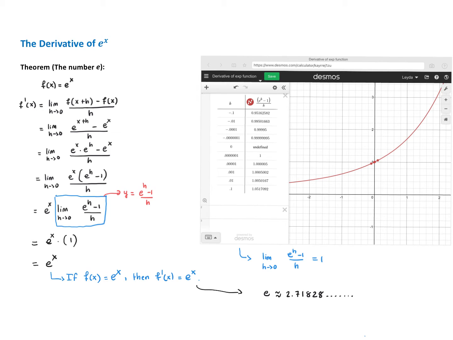But at the same time, E can be rather simple if we view it as a function, because as a function, y equals e to the x, we just discovered that its derivative is itself. This will make questions involving e to the x pretty easy to work with, especially with respect to differentiation. We're going to see exactly how to use this result in the next example.